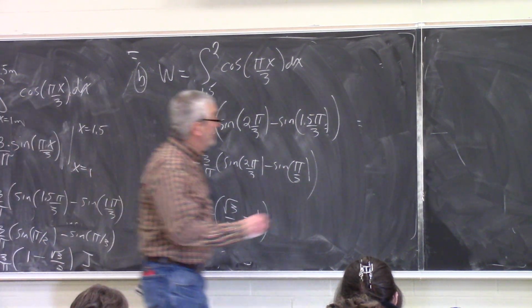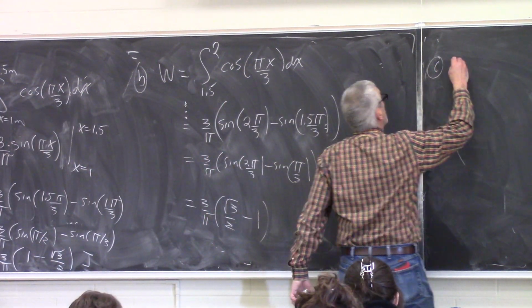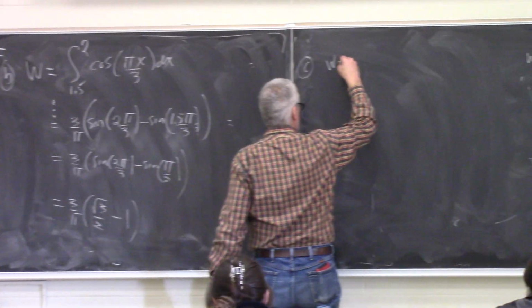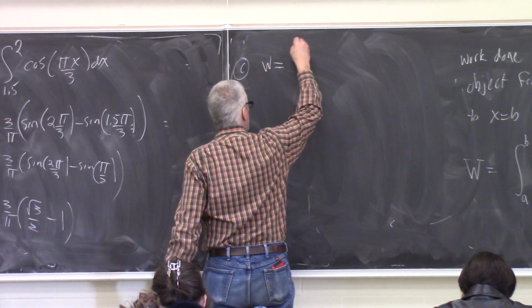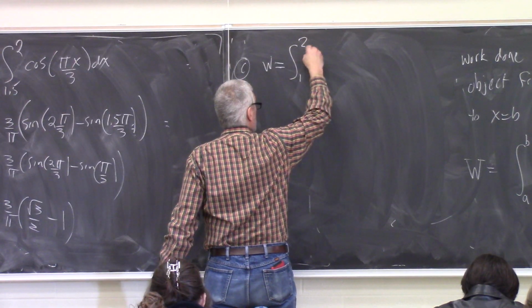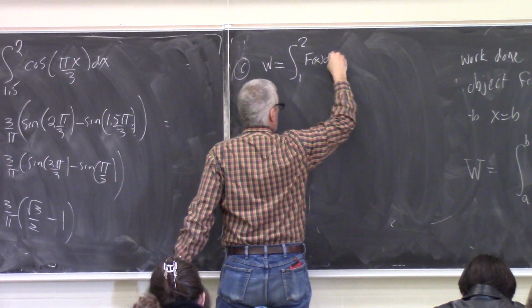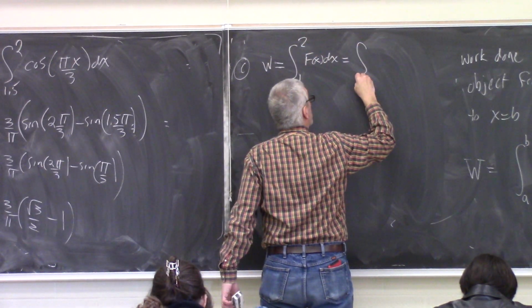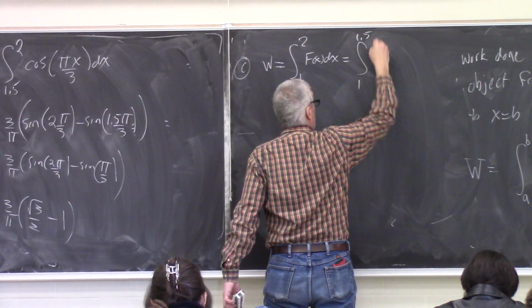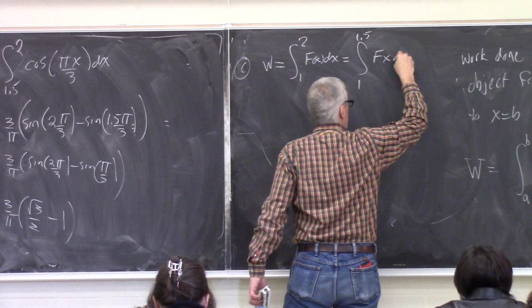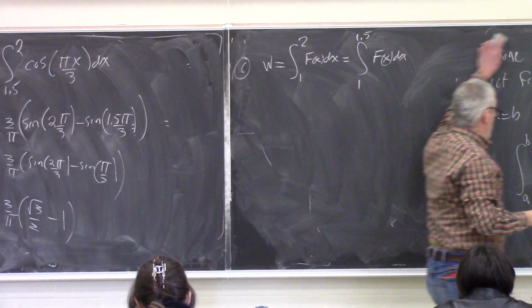Okay, so question C, the work in going from 1 to 2, well, I can break that up into two integrals. I don't have to go through all this again.